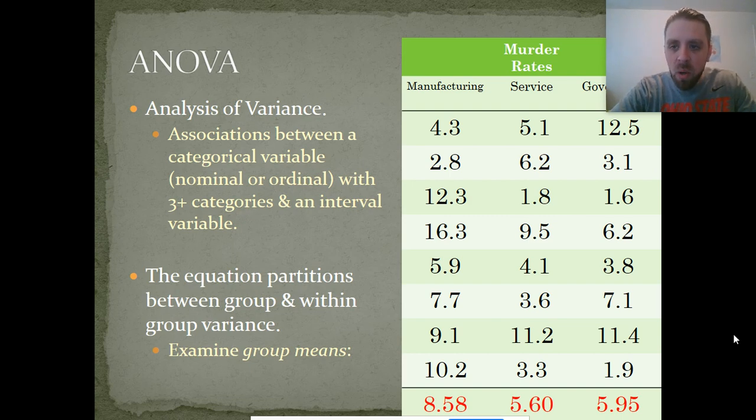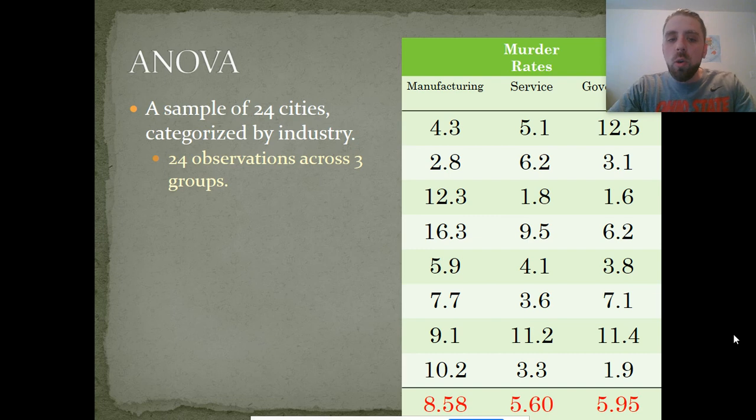So instead of just having one mean that I want to compare to a predetermined variable, or 2 means from 2 samples that I want to compare to one another, I'm now operating with 3 group level means. And so our 24 observations here, split across 3 groups, produces 3 group level means: 8.58, 5.60, and 5.95.